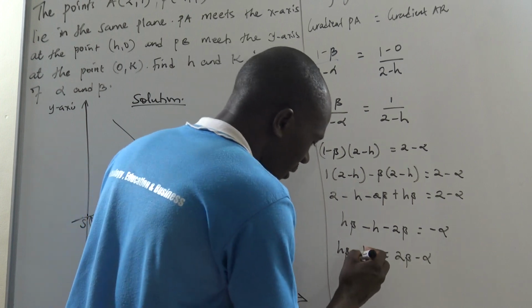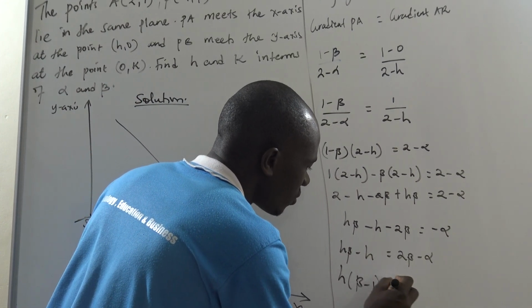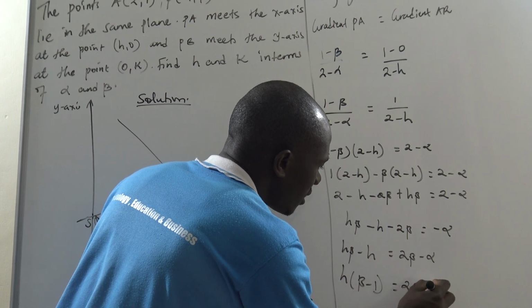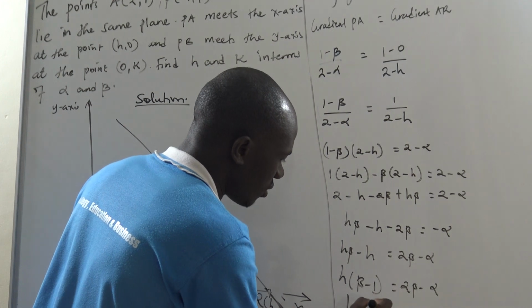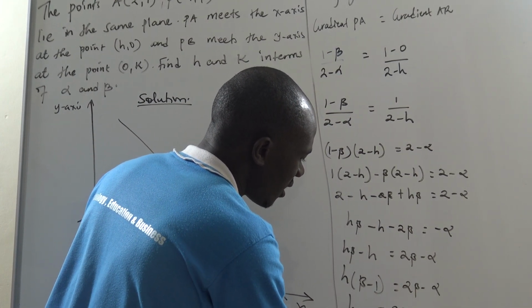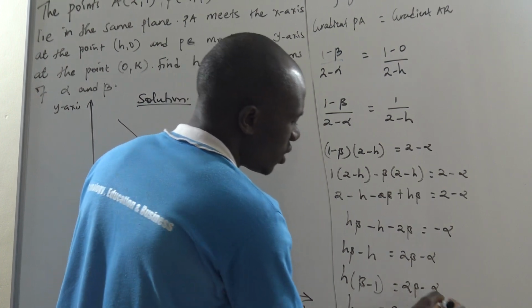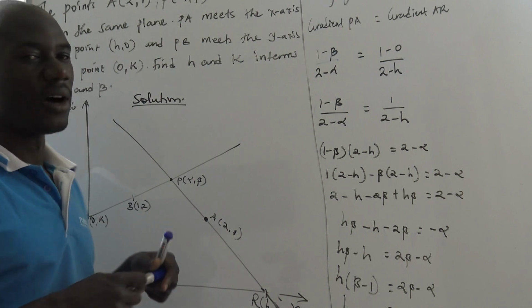What is common here is h, so h into beta minus 1 equals 2 beta minus alpha. Making h alone, h equals 2 beta minus alpha all over beta minus 1. So this is the expression of h in terms of alpha and beta.